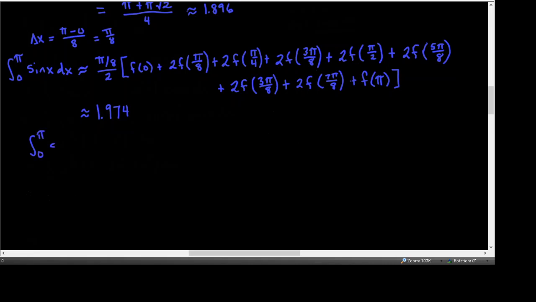Okay, so let's do the actual answer, because we can actually check and see how well we did. The antiderivative of sine of x is negative cosine x, which we'll evaluate from 0 to pi.